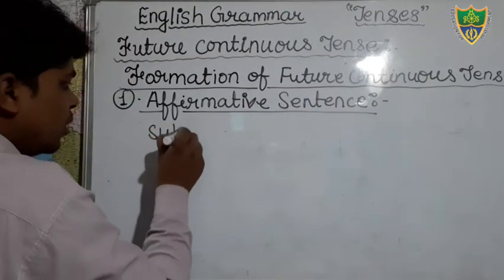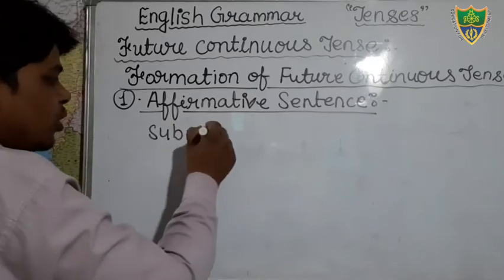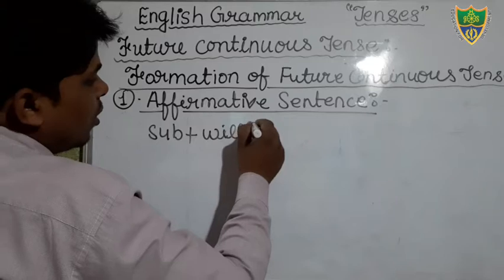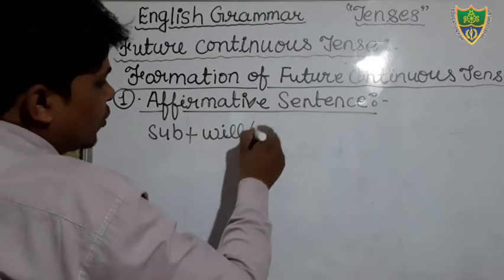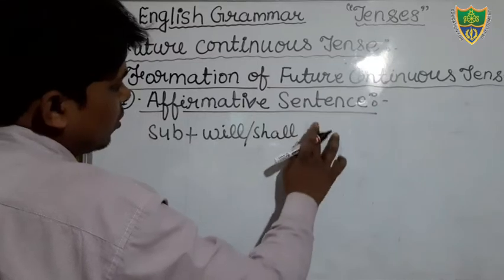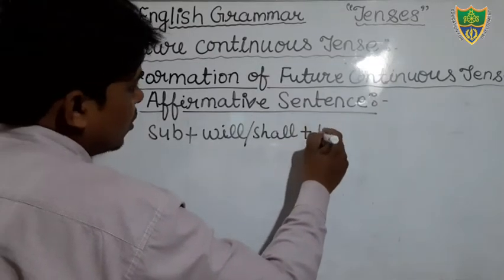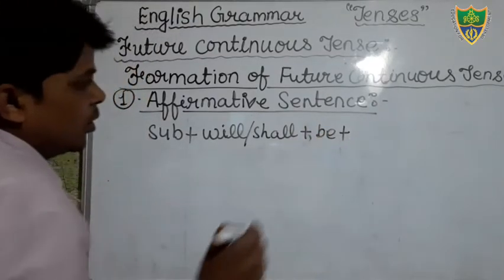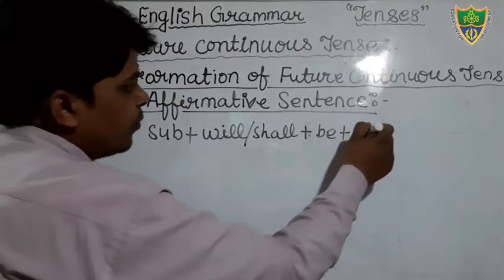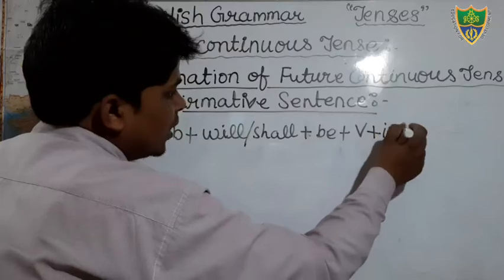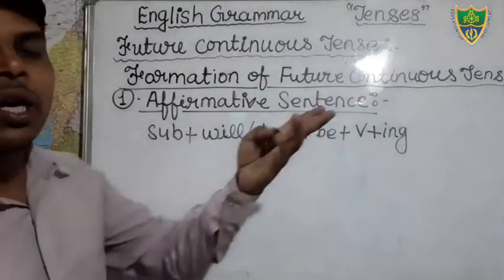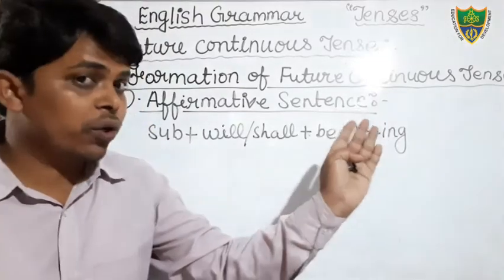Subject will be there. According to the subject we will use will be or shall be. Then after that we will use a verb, and in the verb we will add ing, because that is continuous tense, because we have to denote the action is in progress.